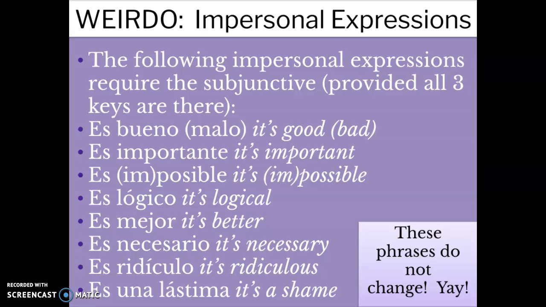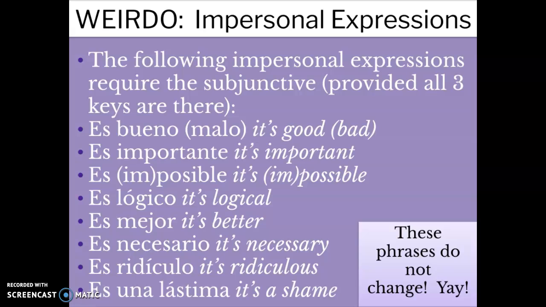So number 1, it's good that they drink water. So it's good. That is our impersonal expression, es bueno. So we are going to write es bueno. Now remember, that is going to be que. So es bueno que, we have ellos, or they. Then we have our verb to drink, which is beber.